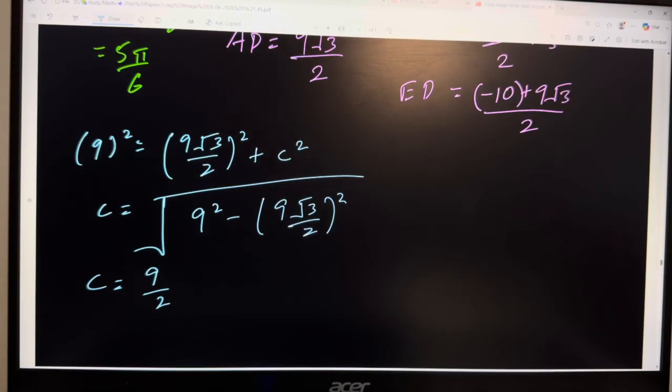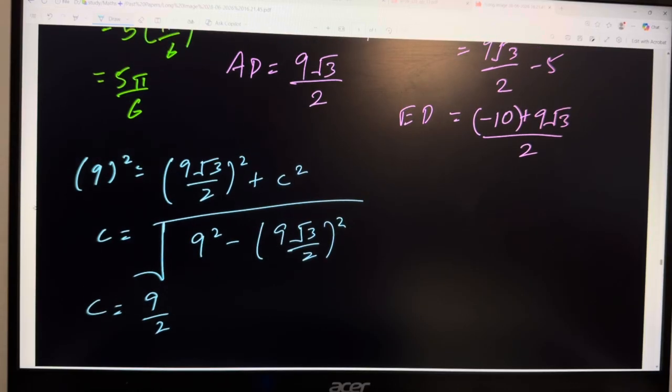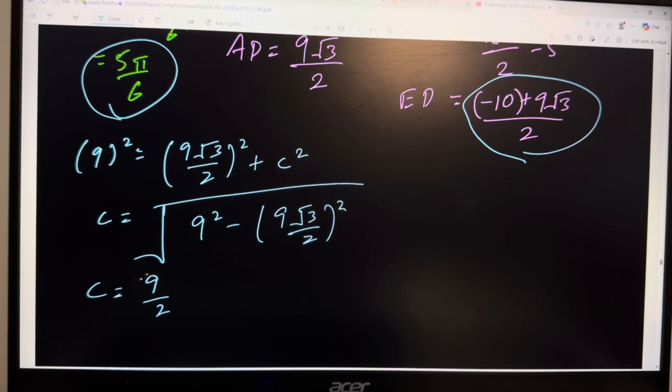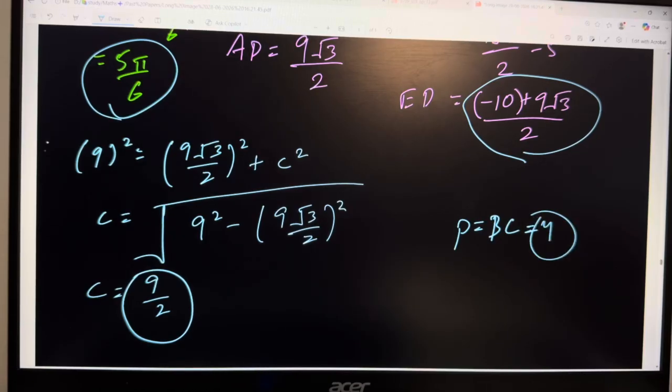Alright, so what we are using are these four lengths, and BC is equal to 4. Let's equate them.